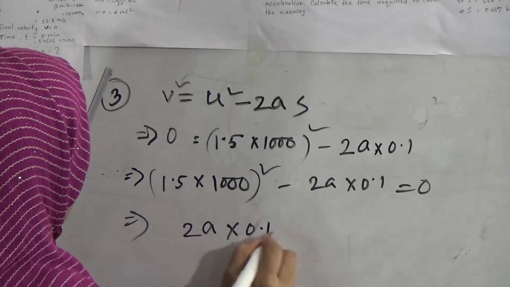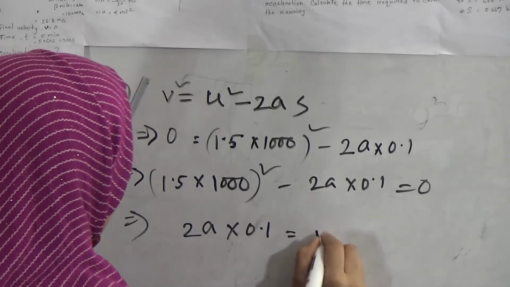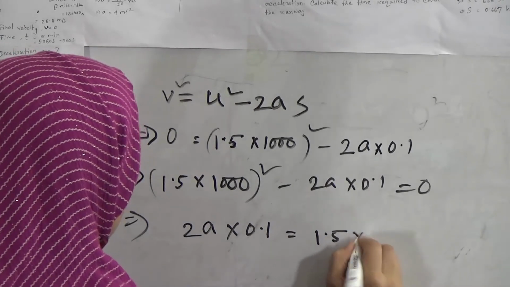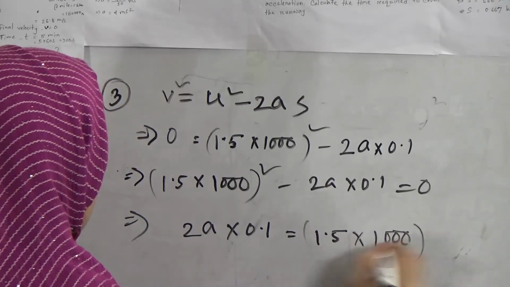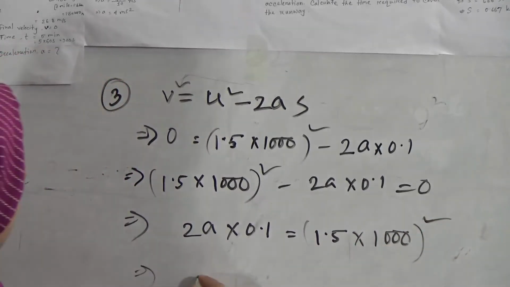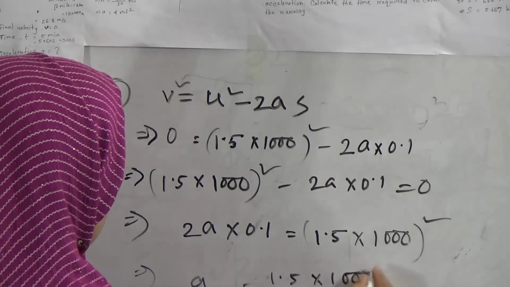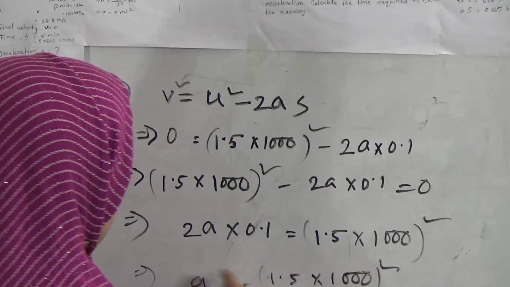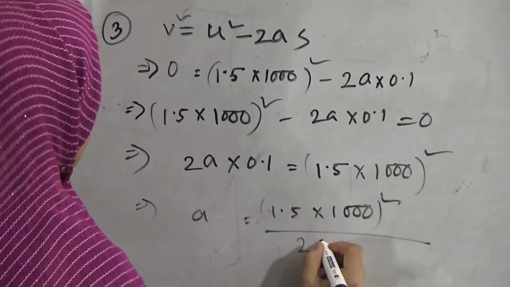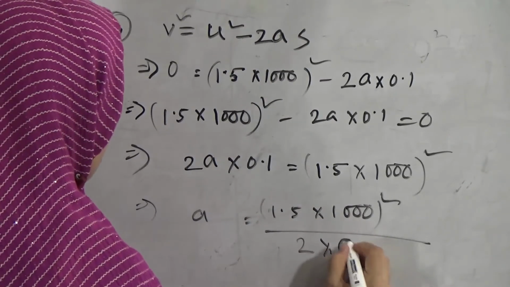We have to find a. So 2a into 0.1 equals 1.5 into 1000 square, which means a equals 1.5 into 1000 square divided by 2 into 0.1.